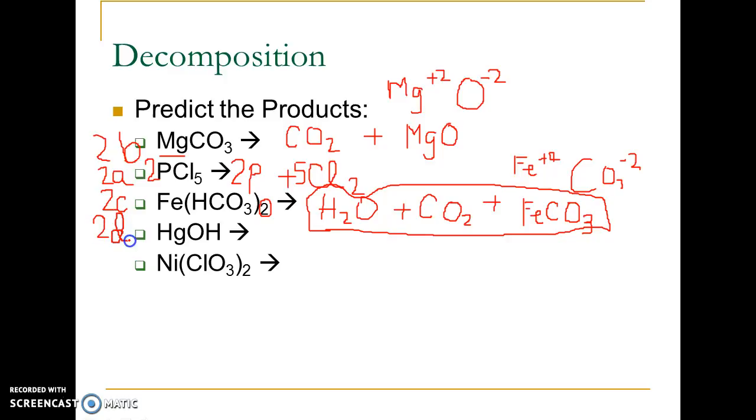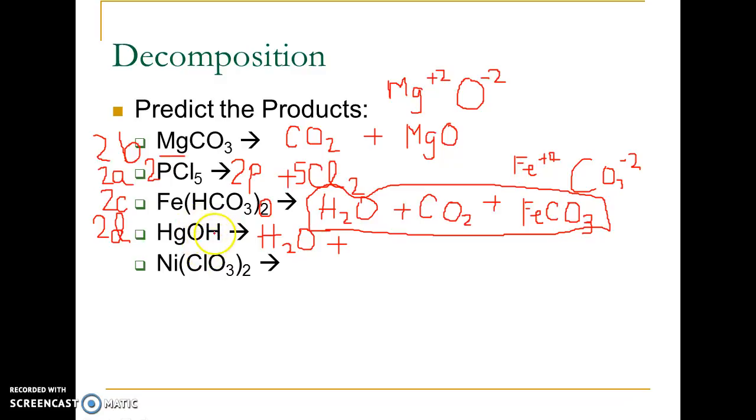2D chemical equation. With a 2D, I'm going to produce a metal oxide and water. So since my reference table is already telling me that water is a product, I'm going to go ahead and write it down so I don't have to worry about it anymore. So water is a product. And then I have a metal oxide. Well, mercury's charge is a +1. How do I know that?